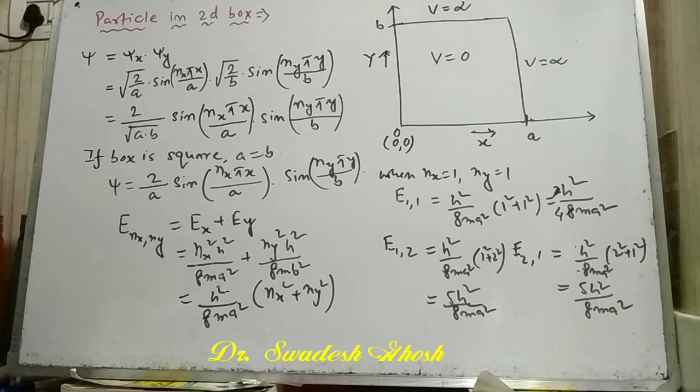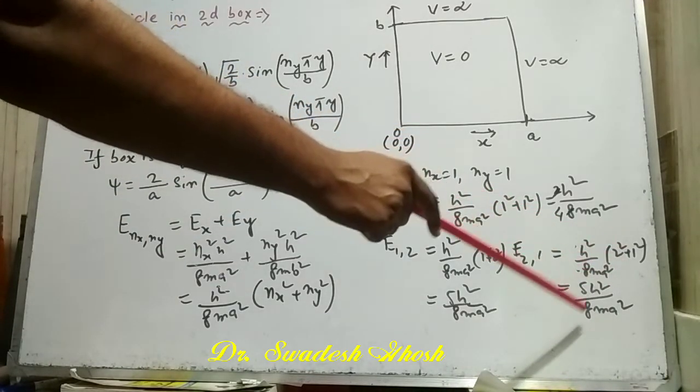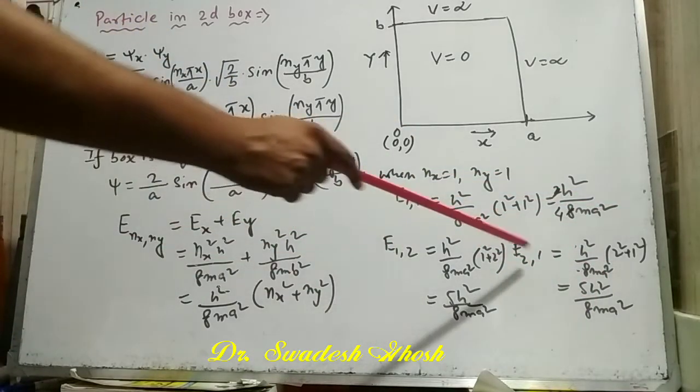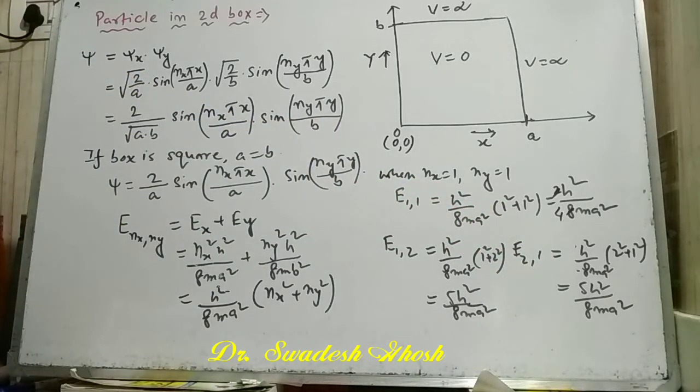So for the first excited energy level, two levels are obtained, E12 and E21, and the energy is the same, 5h square by 8m a square, and so these two energy levels E12 and E21 are degenerate.